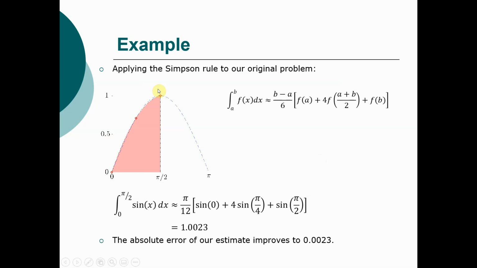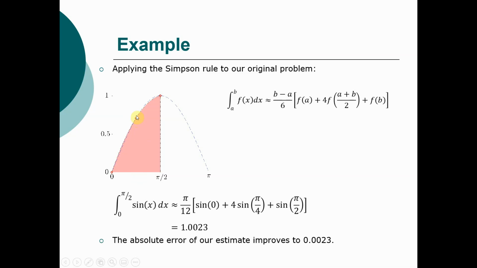And if we apply it for the same example that we did using the midpoint rule and the trapezoidal rule, we see that for Simpson's 1/3 rule, it's just going to be b minus a divided by 6, which is pi over 2 divided by 6. F of a is 0. F of pi over 2 is 1. And this midpoint is going to be pi over 4.